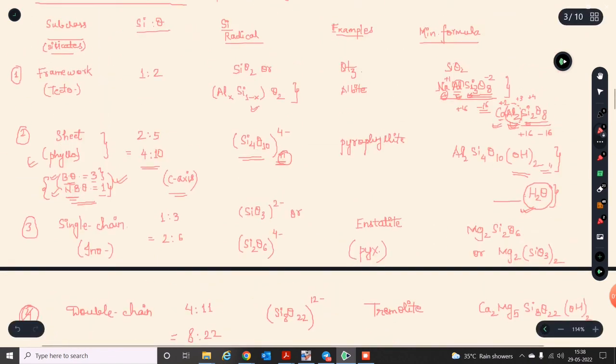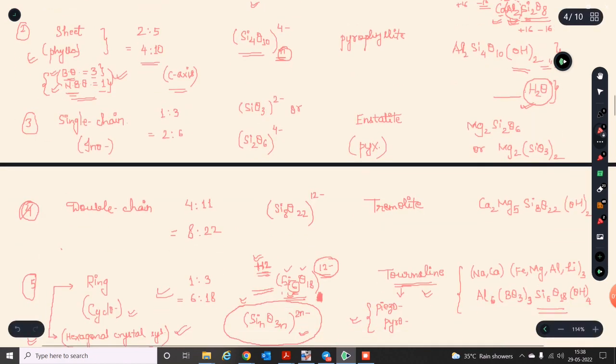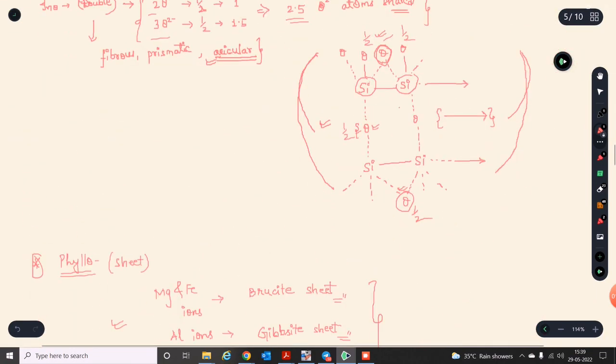They just remember the Si/O ratio and maybe some examples. Only a few who are preparing really well for each topic will go into this much depth on bridging oxygen, non-bridging oxygen and all this. As mineralogy is really important, you can expect in-depth questions from mineralogy anytime in any exam that you appear for, if you are an earth science aspirant. So this kind of information becomes important.